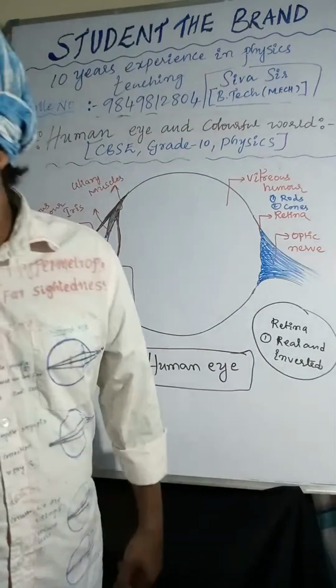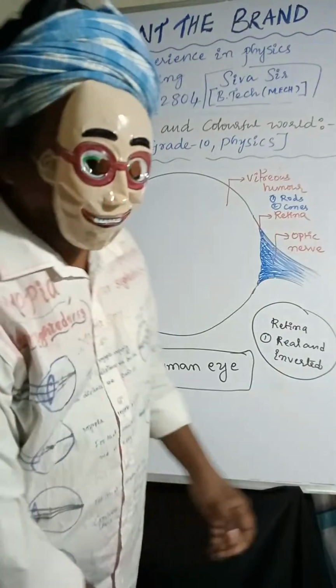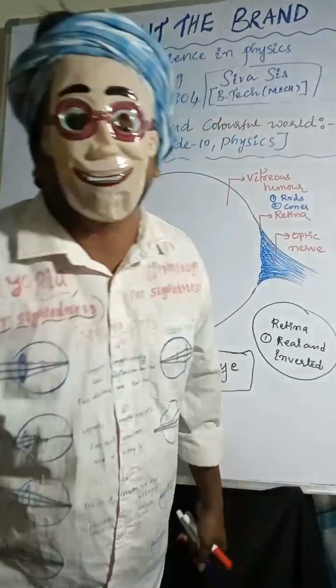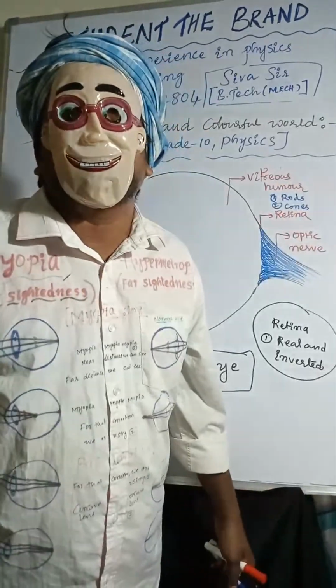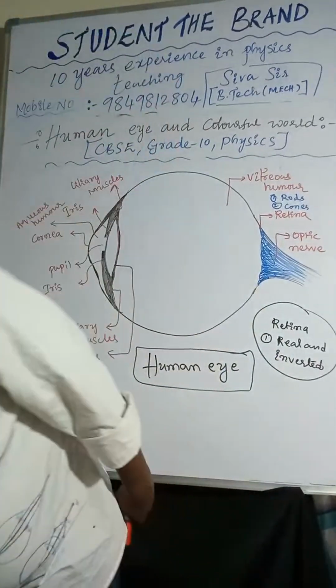So you are seeing here, we can see near distance, we can't see the far distance object. For the correction of myopia, we are using concave lens.